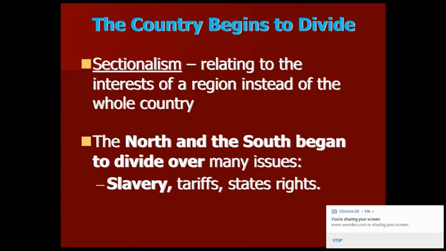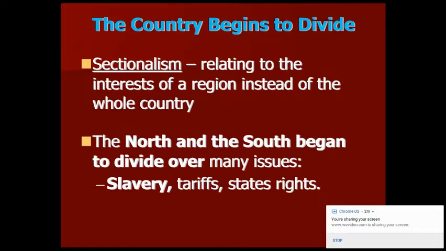So, if we go back to last week, you learned about the North and the South, and how they compared. And so that was sectionalism in action there. So the North and the South are starting to identify more with their own region than with the best interest of the whole country.